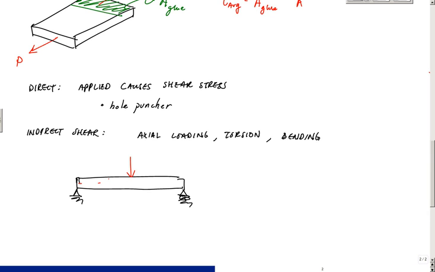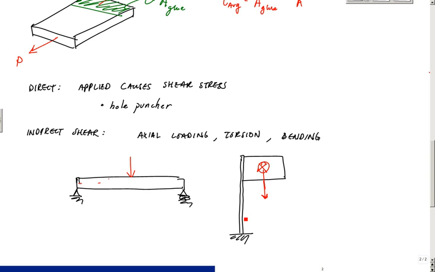And then if I think of something maybe more relevant, like a traffic sign that you look at. So if I can draw a traffic sign, it looks like this. Here's my traffic sign, and I'll fix it here. So I've got lots of things going on in the traffic sign. I've got the weight of the sign pulling it down this way. I've got the wind that's blowing into it and causing this whole thing to twist.